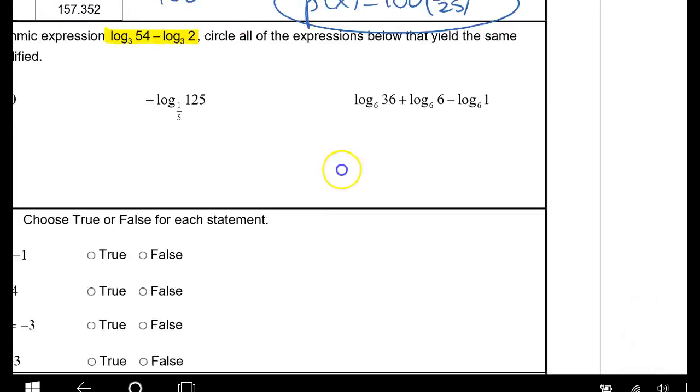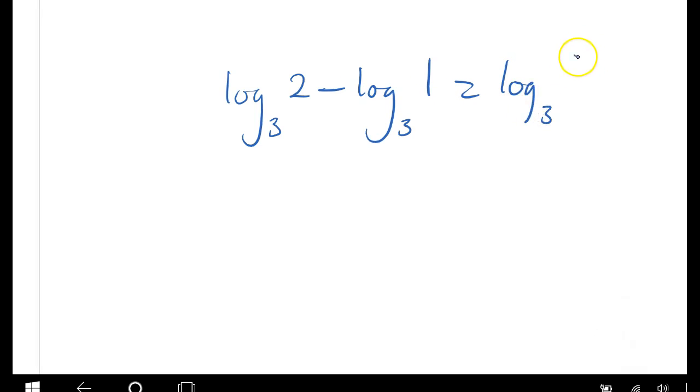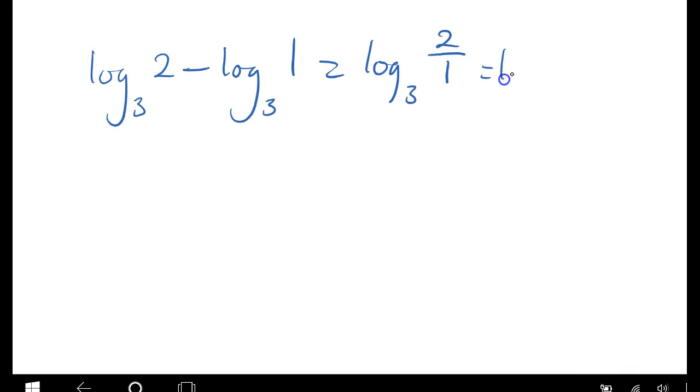So for example, if I had log base 3 of 2 minus log base 3 of 1, using the quotient property I can rewrite that as log base 3 of 2, the first number, over the second number, 1, which of course just simplifies to log base 3 of 2 when we do 2 divided by 1.